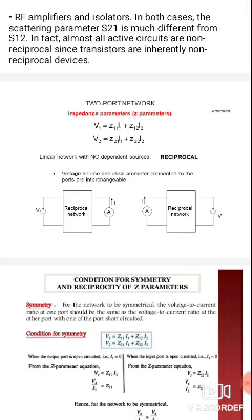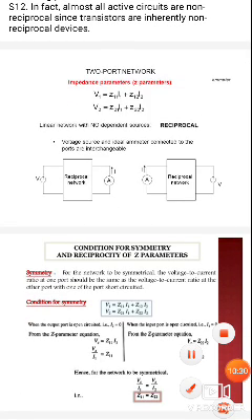Here the dependent sources are V1 and V2. A voltage source and ideal ammeter connected to the ports are interchangeable. So the definition of reciprocal is also that the voltage appearing at port 1 due to the current applied to port 2 equals the voltage at port 2 due to the same current applied at port 1.